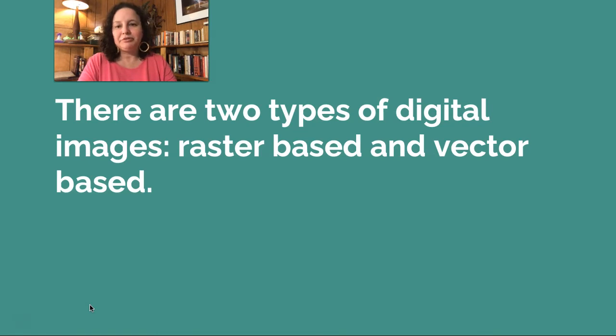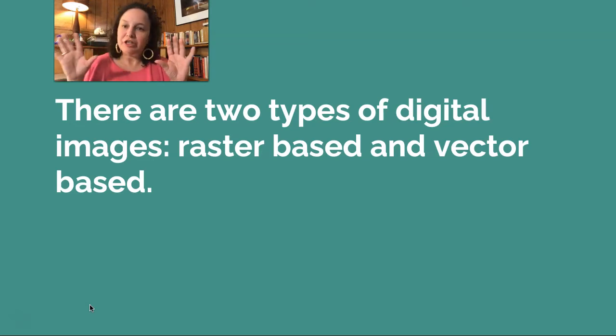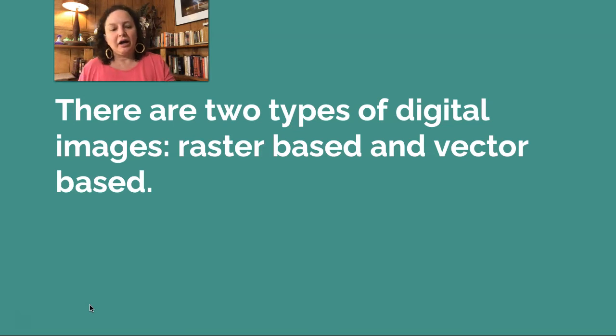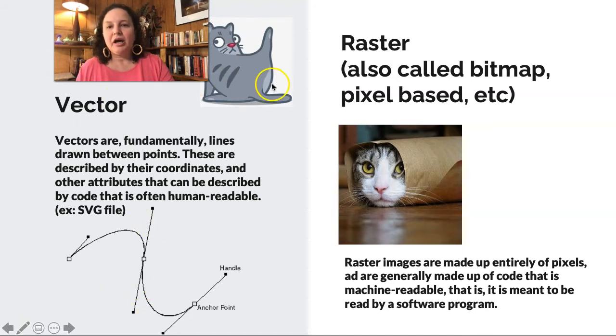So there are two types of digital images, raster-based and vector-based. Those are two completely separate categories that we can use to describe the way that digital images are formed technologically. If we think about vector images, you can see we have our little kitty here.